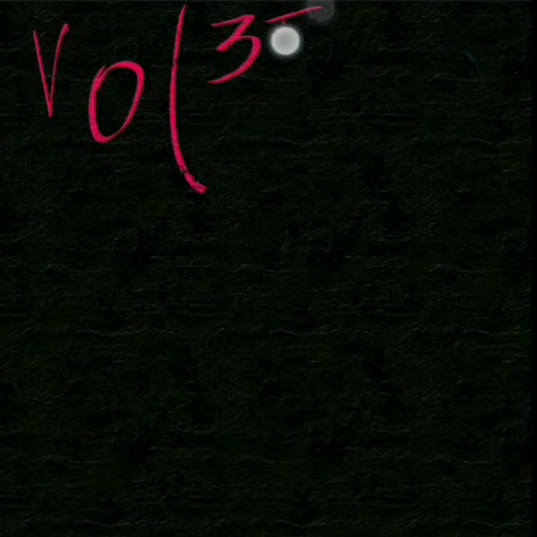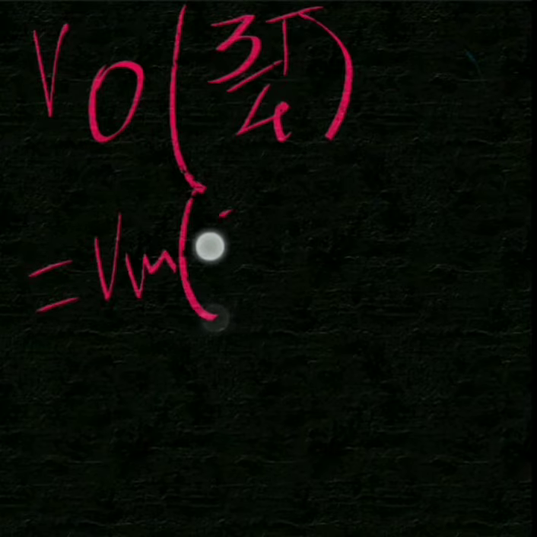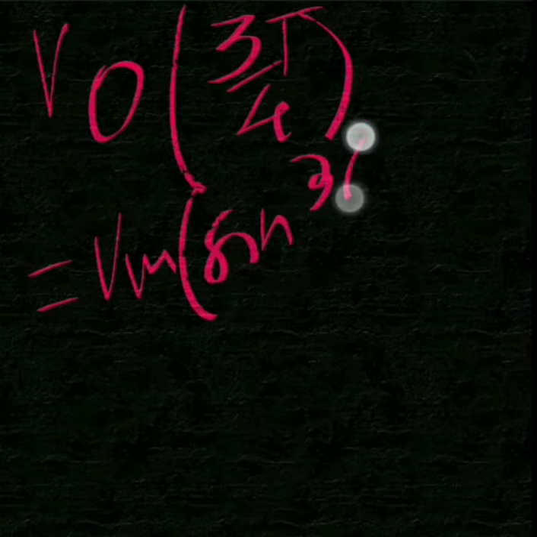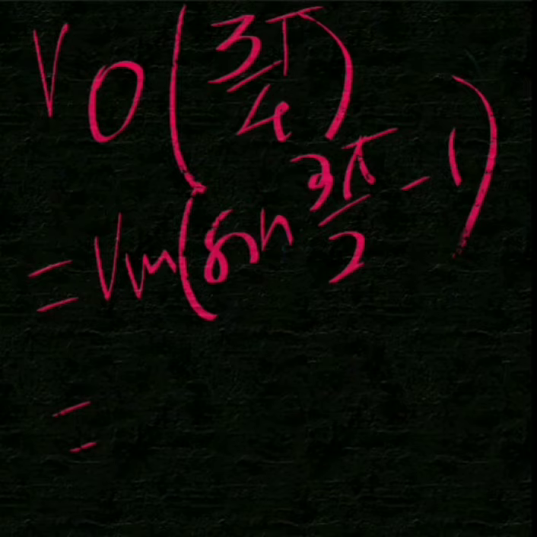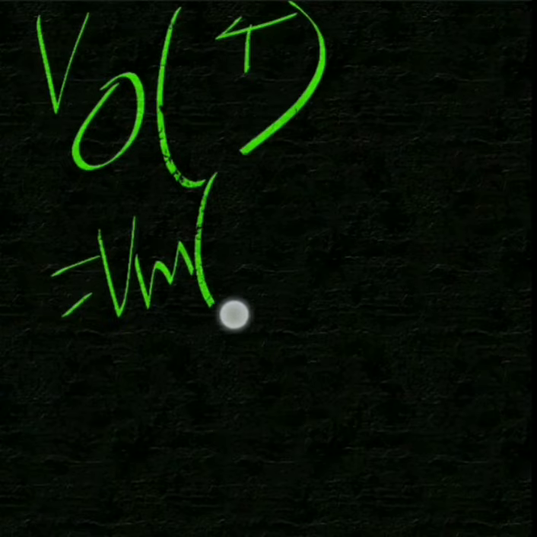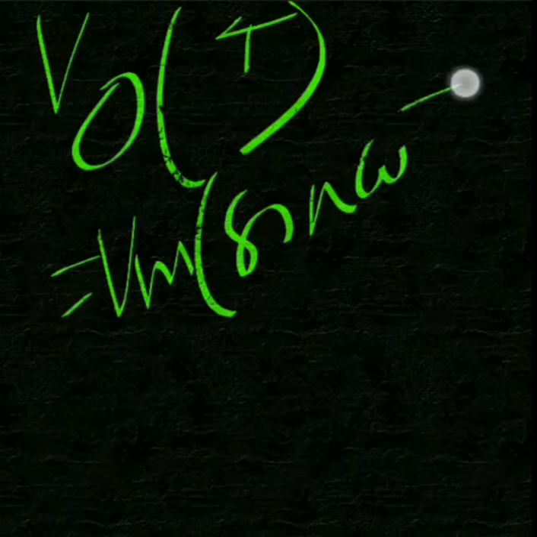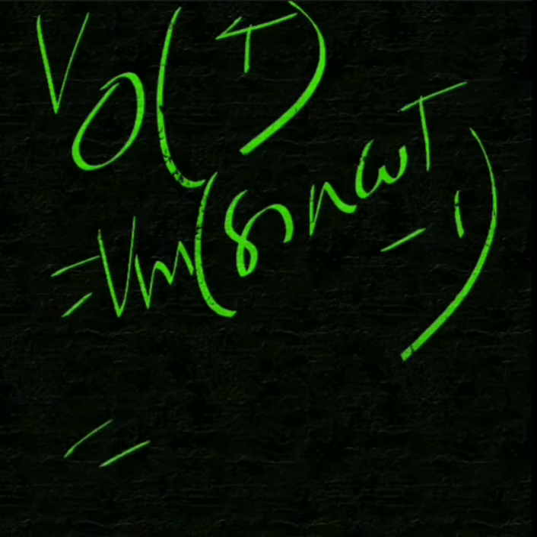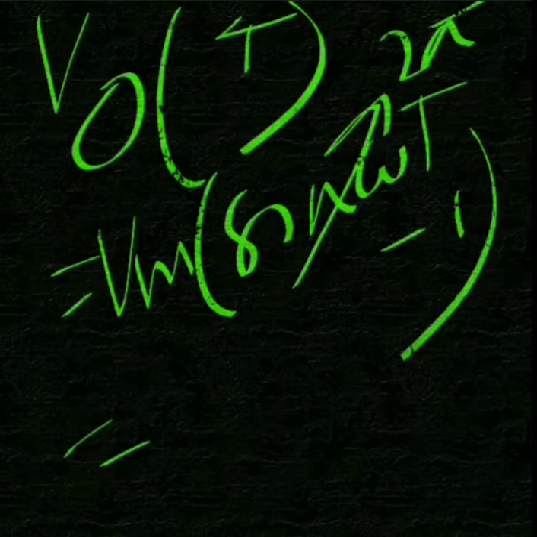Vo at 3T/4 is Vm sin 3 pi by 2 minus 1. Sin 3 pi by 2 is minus 1, so this is minus 2 Vm. Next, Vo at T is Vm sin 2 pi minus 1, and sin 2 pi is 0, so again minus Vm.